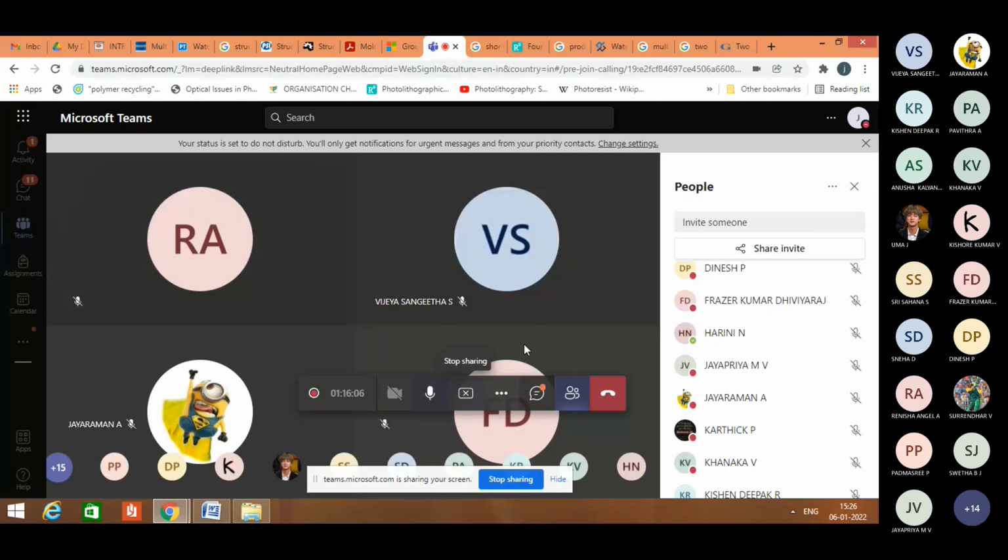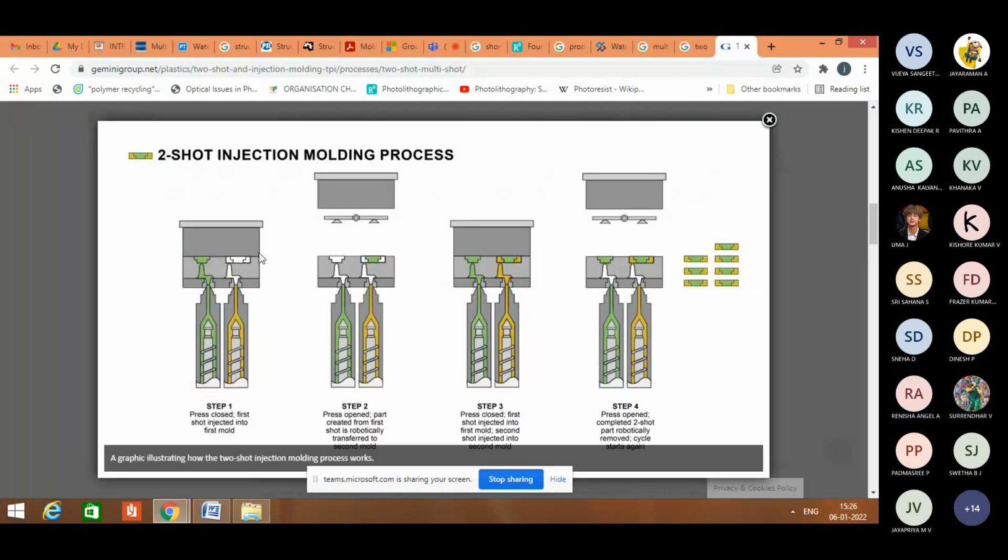Sorry. So this is the first step involved in the multicolor injection molding process. In the two-color process, two injection units are used, and each injection unit processes a different material.